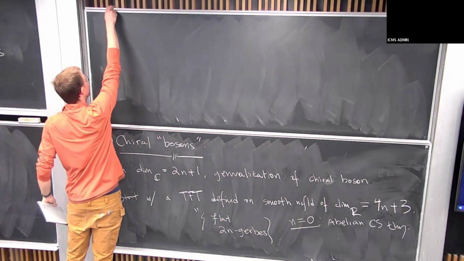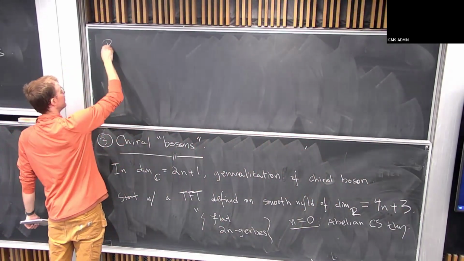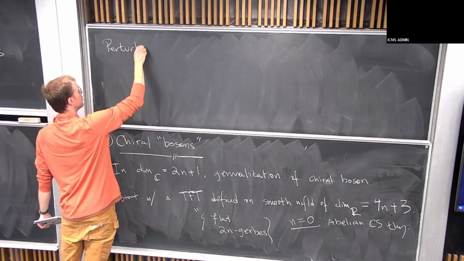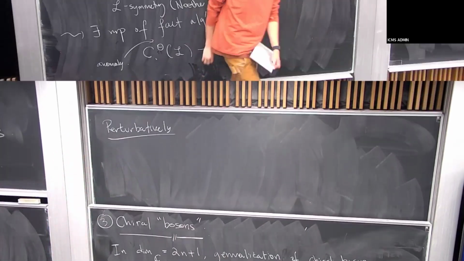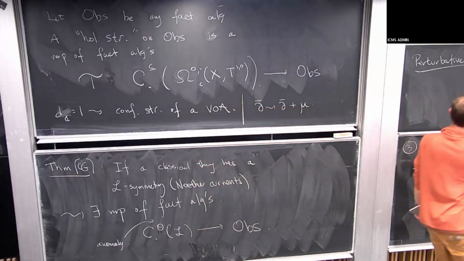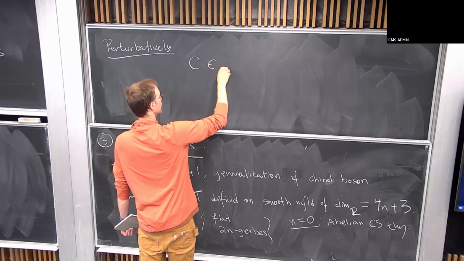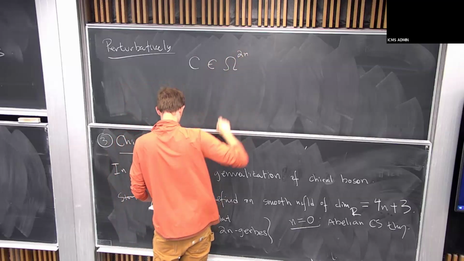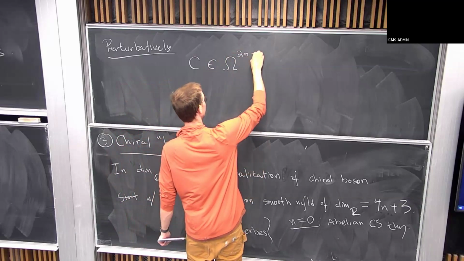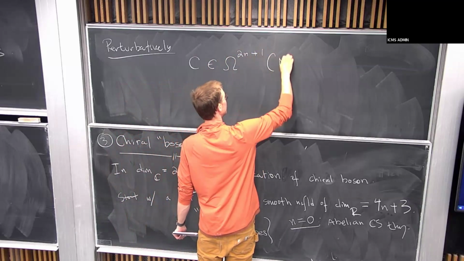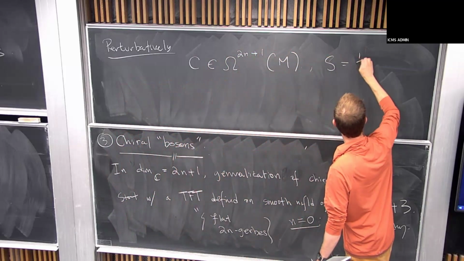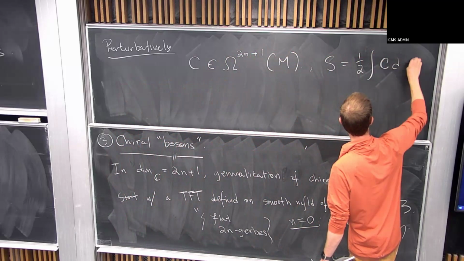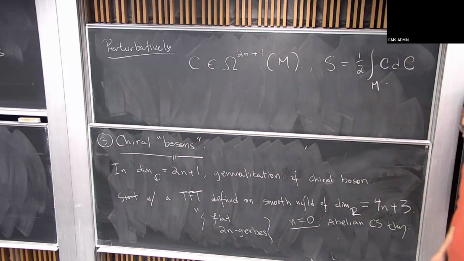So perturbatively, it's a very silly free topological field theory. It just has a single field called C, which is going to be a 2n plus 1 form on M. And the action is just C dC.